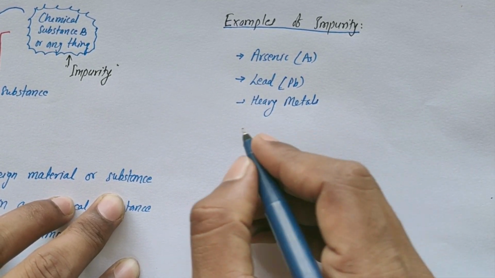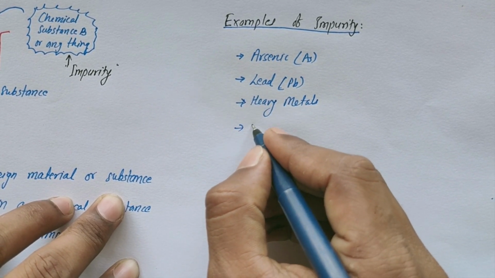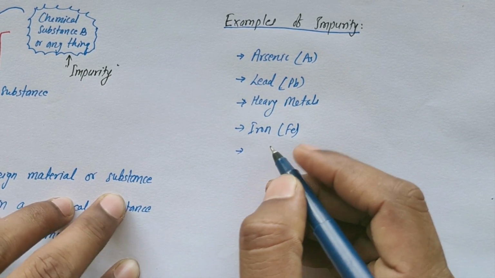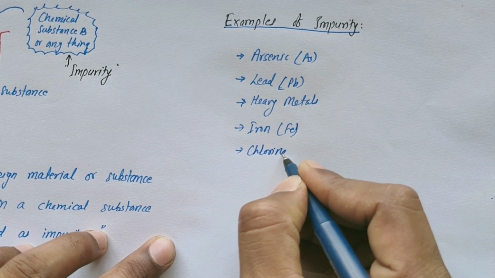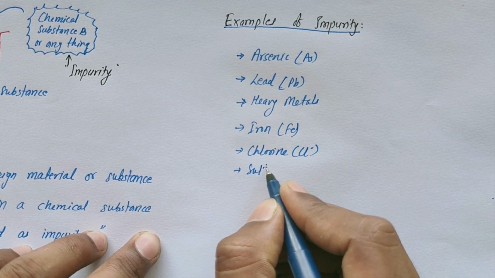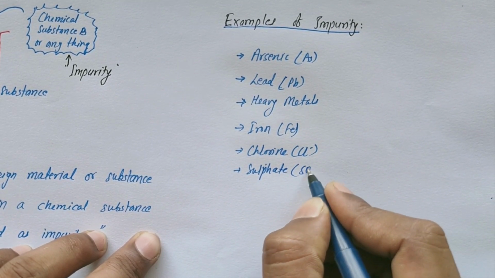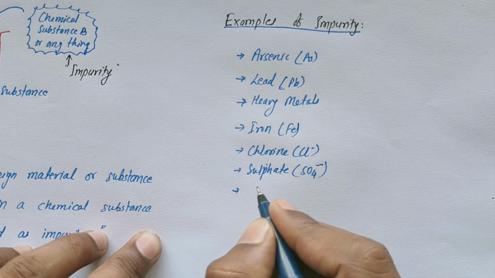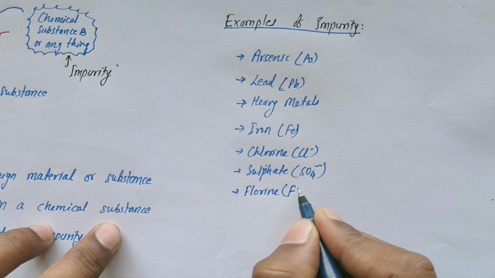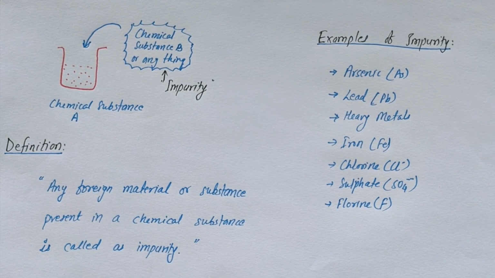Iron, that is ferrous or ferric, Fe. Then we have chloride or chlorine, Cl minus. Then sulfate, SO4 minus minus. Then we have fluorine, F minus or F. So these are all impurities which might be present in pharmaceutical preparation.